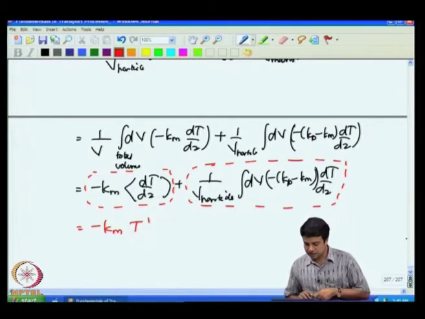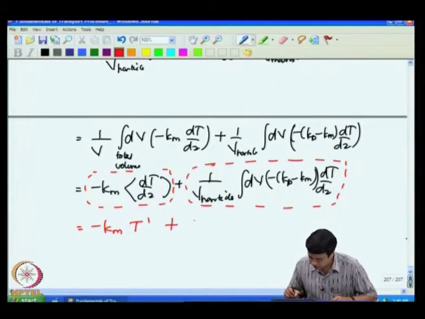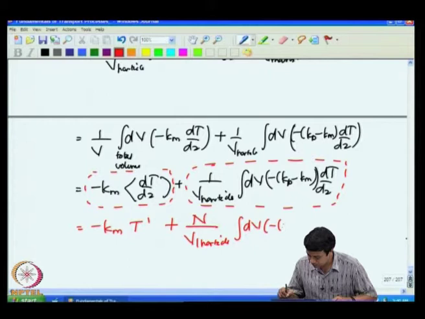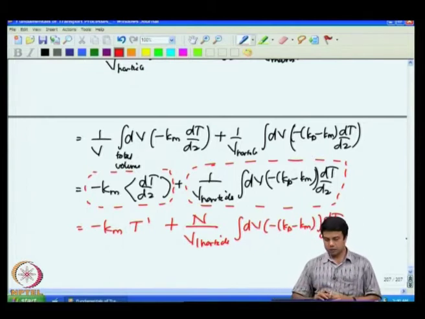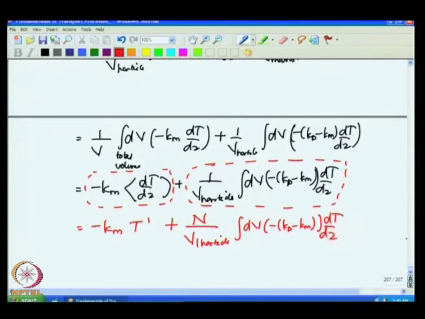So, as far as this term is concerned, I can write this as the number of particles divided by the volume of one particle, integral dV of minus of Kp minus Km dT by dz. So, this is equal to the total number of particles divided by the volume of one particle. This is basically the number of particles per unit volume times dT by dz.